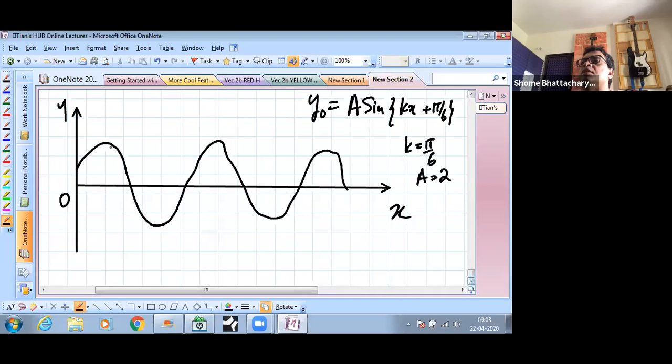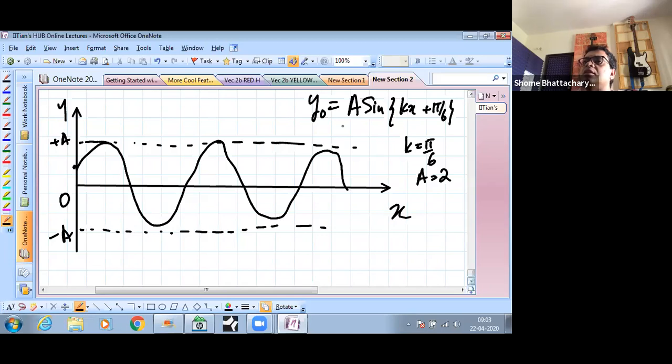It's basically like a sine kx graph, but it is shifted by pi by 6 backwards. If this is plus A and minus A, you can see that putting x equal to 0, it starts from A sine pi by 6, which is A sine 30, so it starts from A by 2. Okay, so this is what it looks like at t equal to 0.